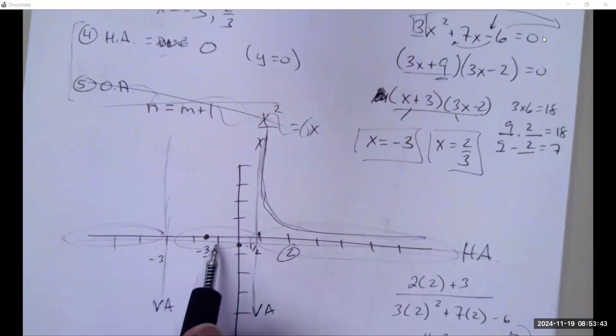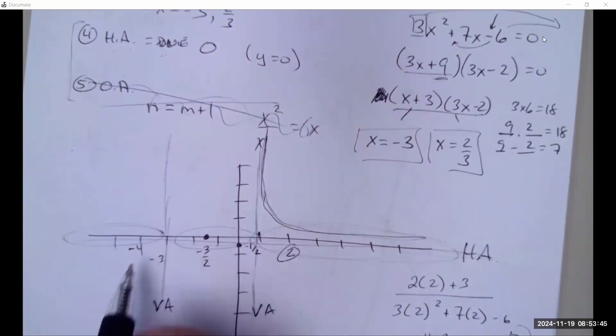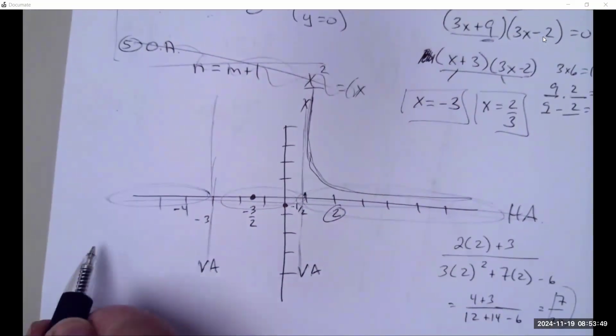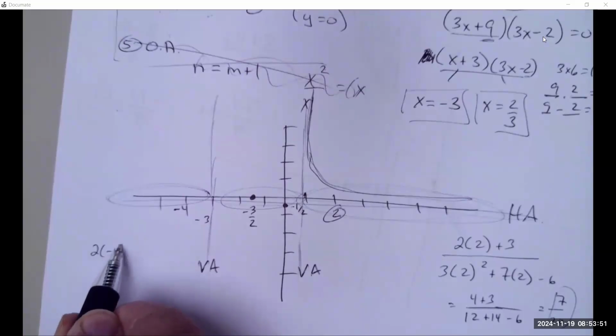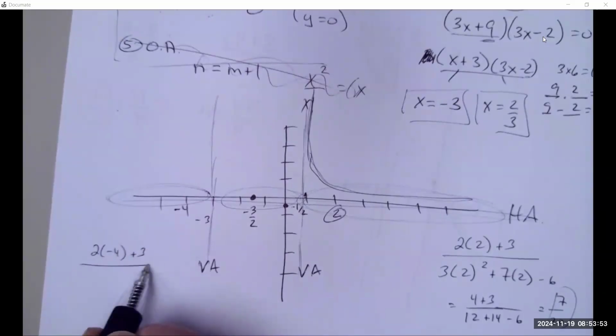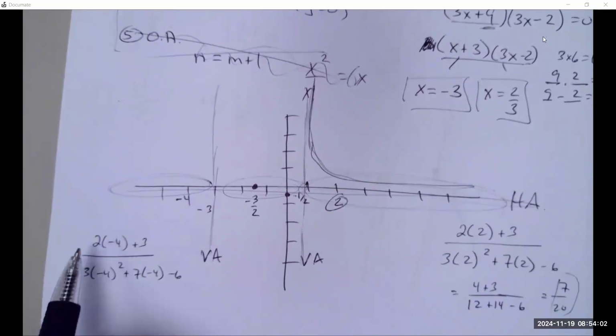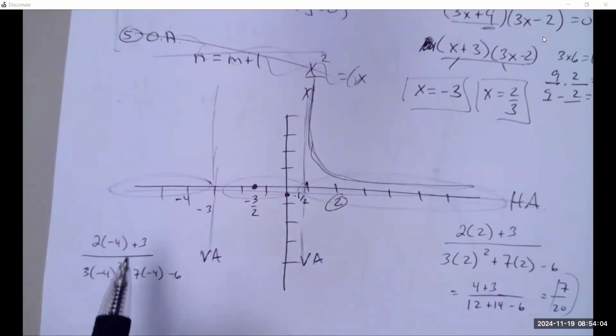Same thing here. We have -1, 2, 3. So we pick -4. Plug it in the equation. 2 times -4 plus 3, 3 times -4 squared, 7 times -4 minus 6. I'm just really interested, is it positive or negative?